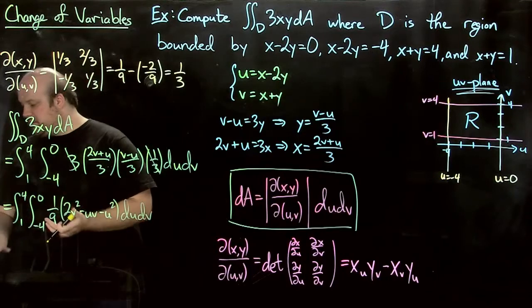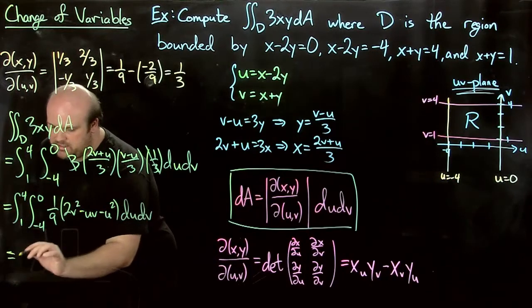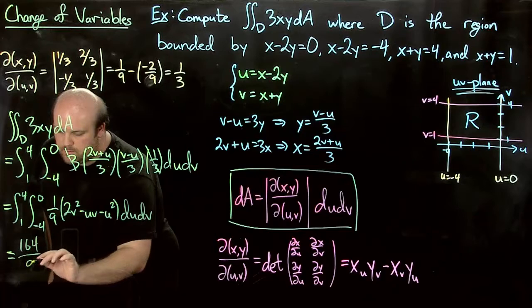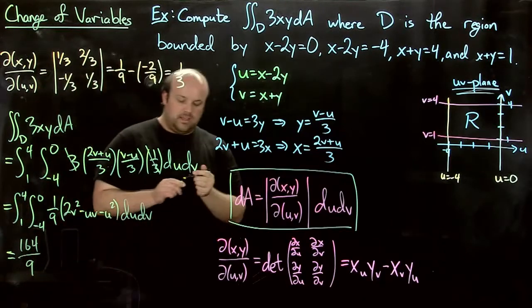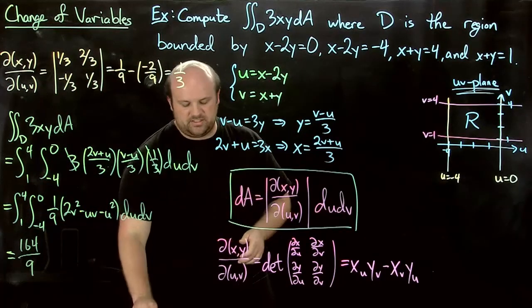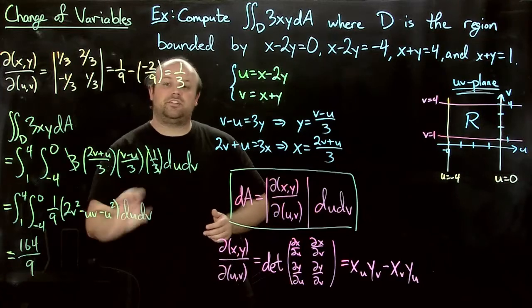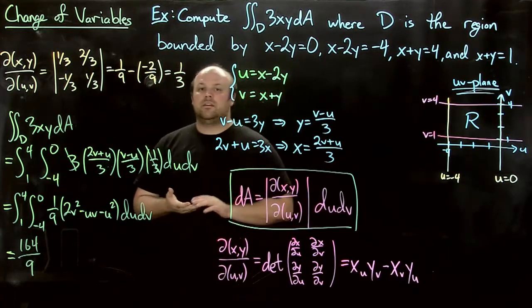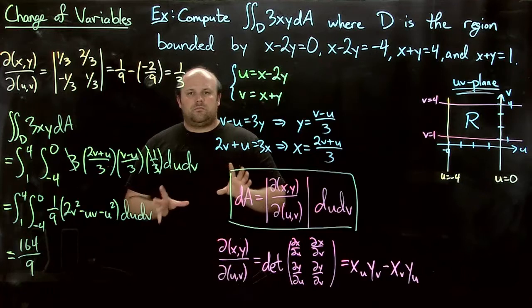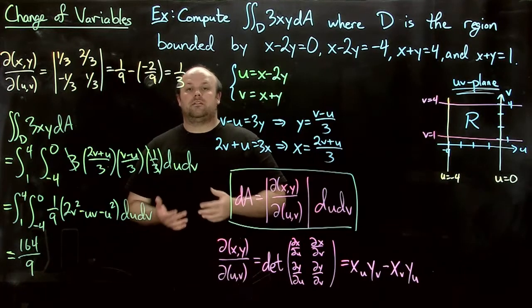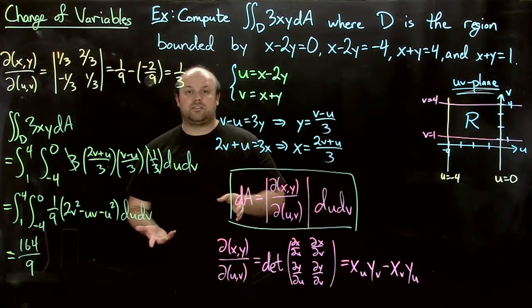And you can compute this integral and get 164 over 9. Right? At this point, doing the actual integral isn't so interesting, but changing the variables like this is. Right? So hopefully this motivational example here kind of made sense, what we were trying to do.